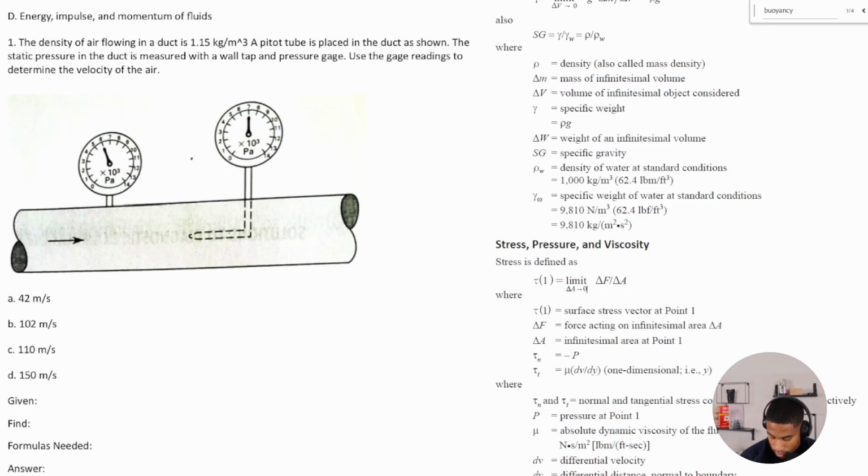All right. So, what are we given? Well, we're given the density of air.